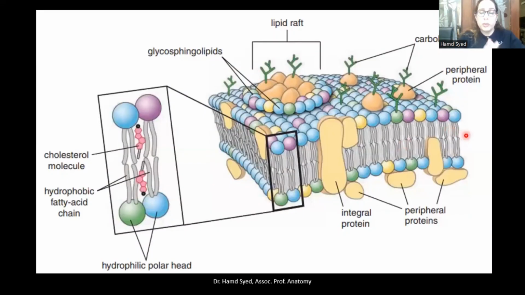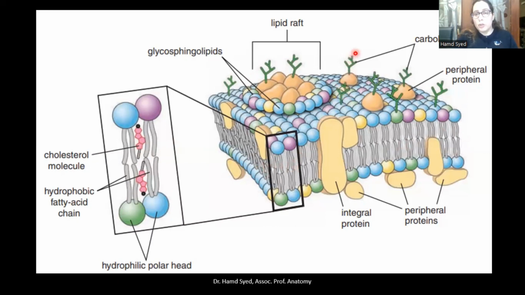Now, this is a fluid mosaic model of plasma membrane where I want to show you the lipid rafts responsible for restricting the movements of the proteins within the plasma membrane or restricting the fluidity of the plasma membrane. Here you can see is a lipid raft in front of you, and it is consisting of the cholesterol glycosphingolipids. Here are the cholesterol molecules present over here as well. You can see them.